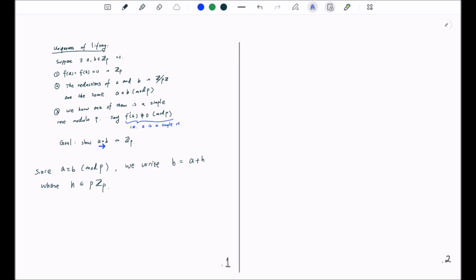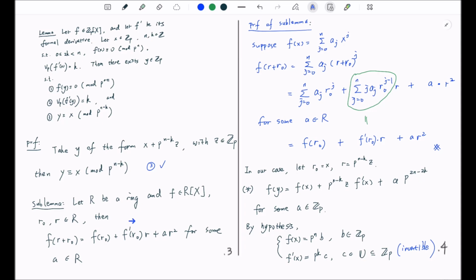Suppose a and b are not equal, then h is not equal to 0. And again, we're going to use the Taylor expansion around a with radius h for this polynomial, by this sublemma we used in the previous video.